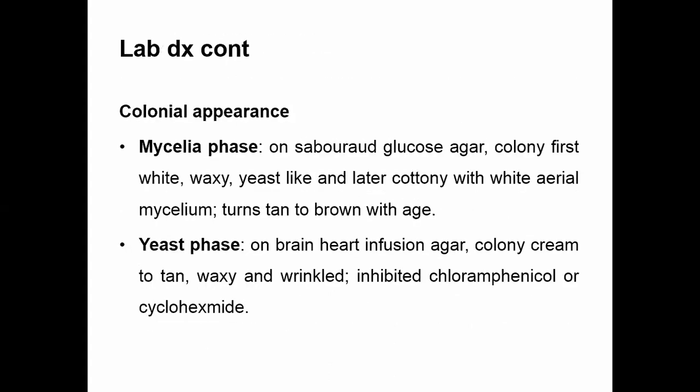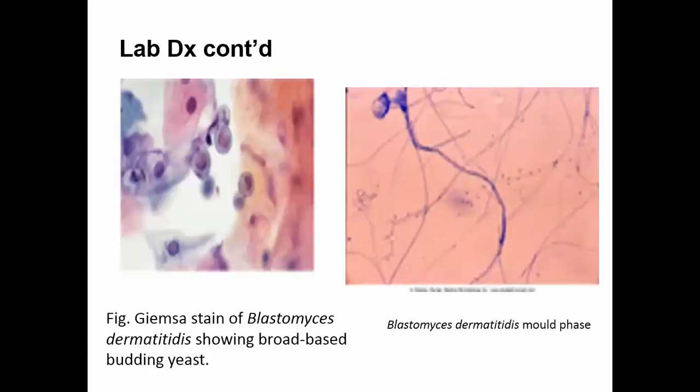So we discussed what the colonial morphologies are in a mycelial form as well as in yeast form. This was the last slide, where we were talking about how Blastomyces appears in yeast form and also in mold form.